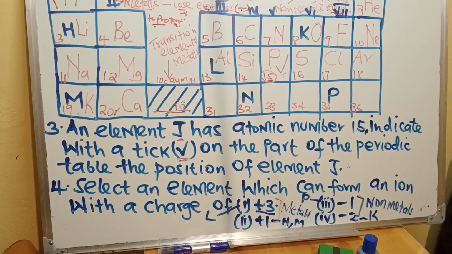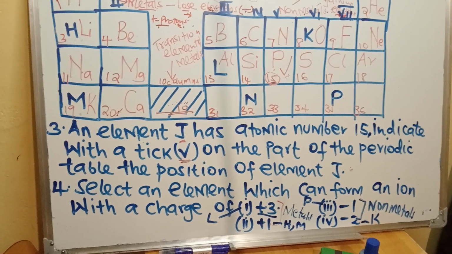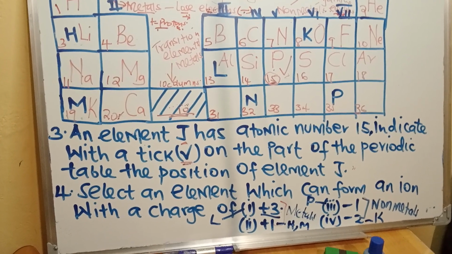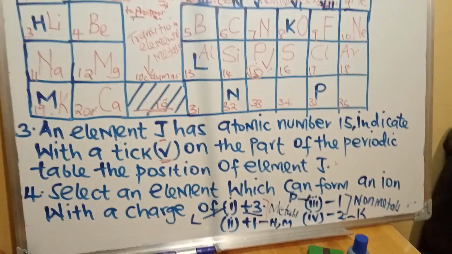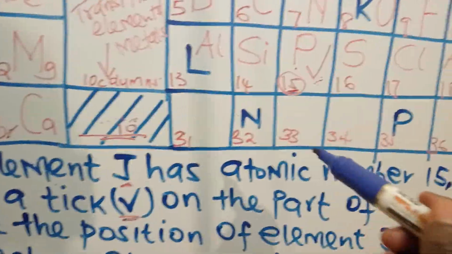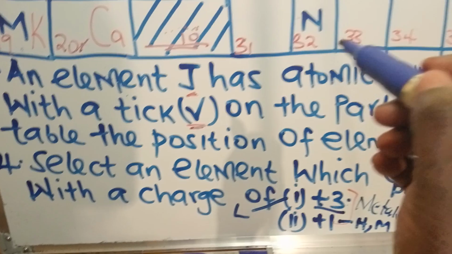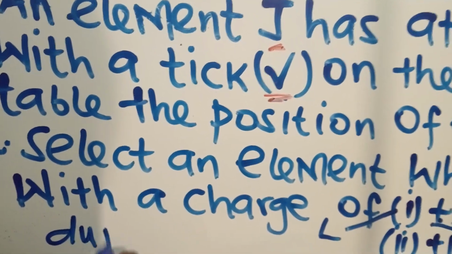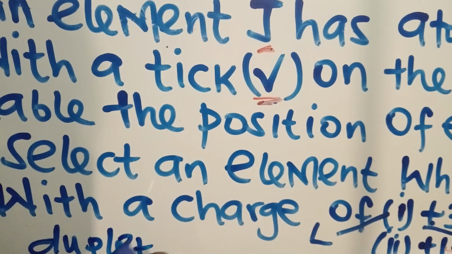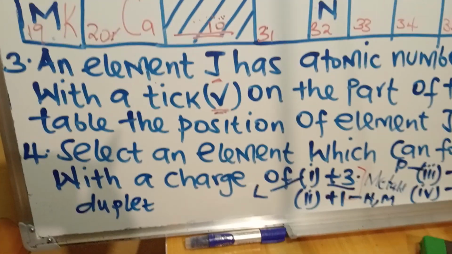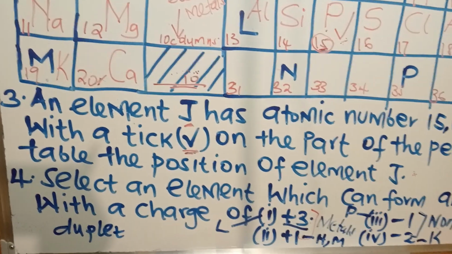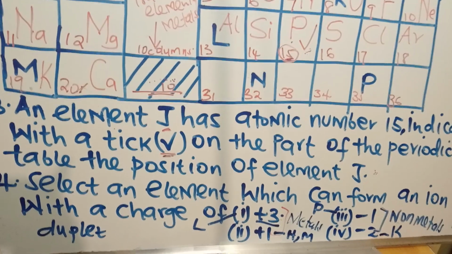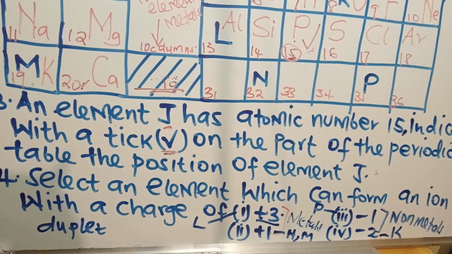So if an element loses or gains and ends up with 2 electrons in the outermost energy level, it will acquire a stable configuration that we call a duplet. A duplet configuration. This is the spelling of the word duplet. That is to mean that the element has acquired a stable configuration with 2 electrons in the outermost energy level.